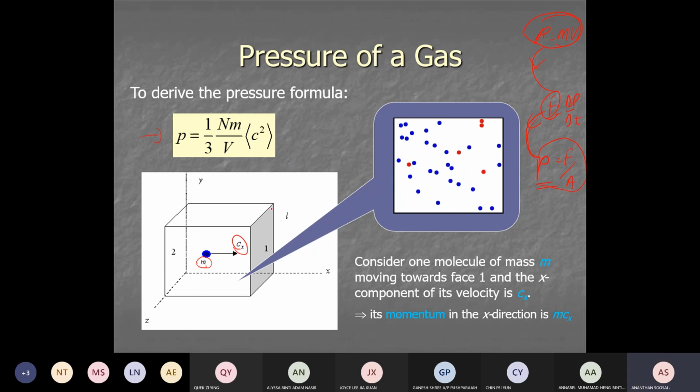We want to find the pressure on surface 1. Of course, the container has 6 surfaces, and we want to find the pressure at one. So first we get the momentum. When this particle collides with surface 1, how much momentum does it possess? Of course, mcx. It has a momentum of mcx in the x direction.